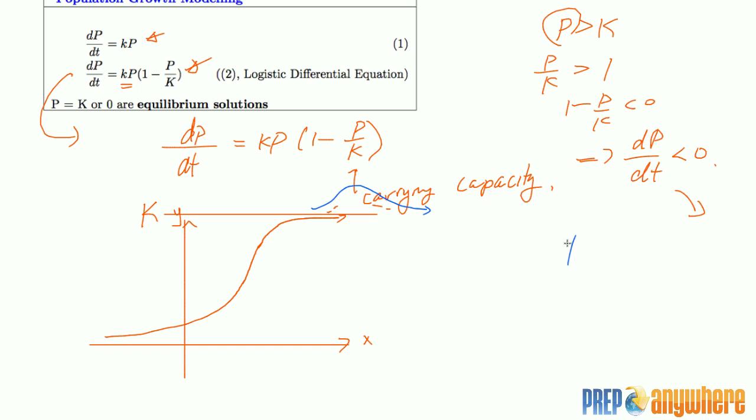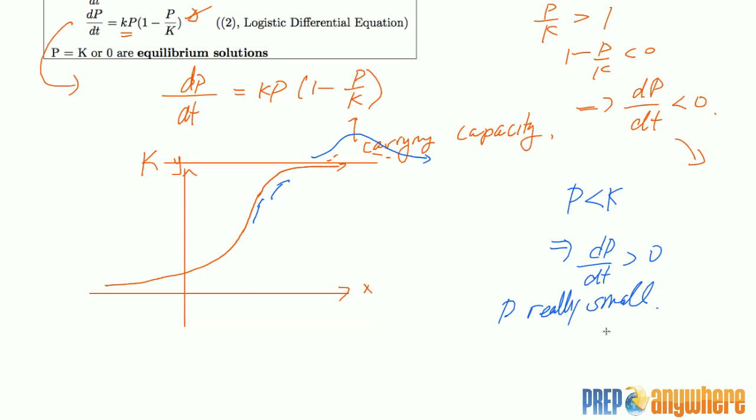And if the population is less than K, the reverse will happen. The dP/dt will still be positive, so that's why it's constantly going up all the way to the carrying capacity. Now, a more interesting thing is if you make P really small, and really small is relative here.